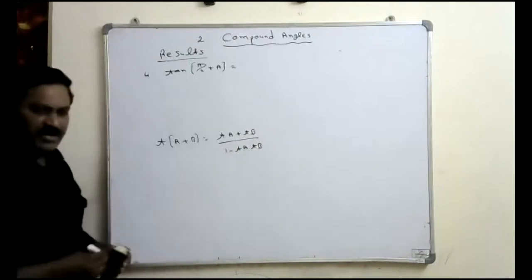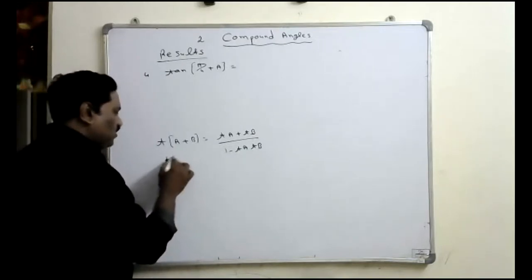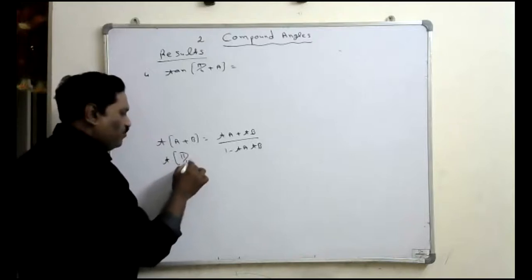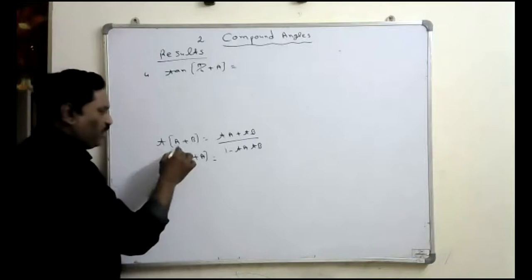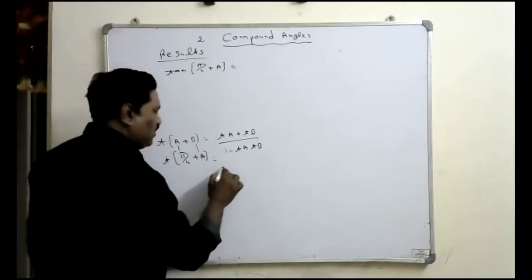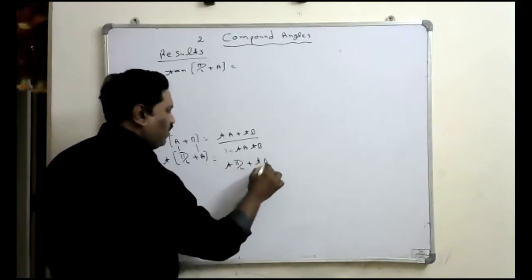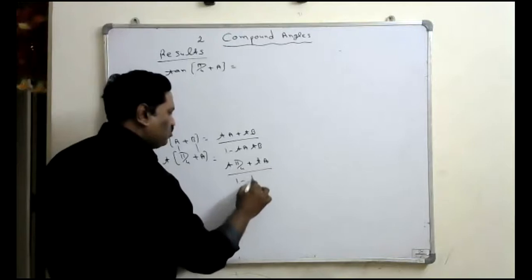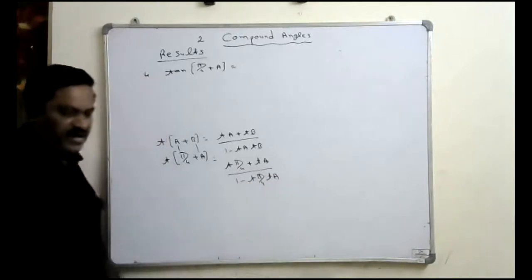Here, if I substitute A is equal to pi by 4 and B is equal to A, then it becomes tan pi by 4 plus tan A upon 1 minus tan pi by 4 tan A. This is what we are getting.